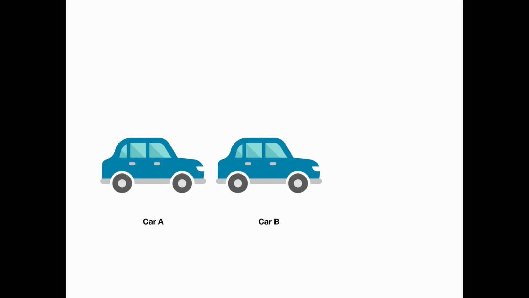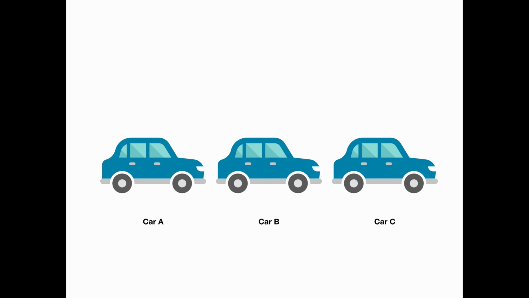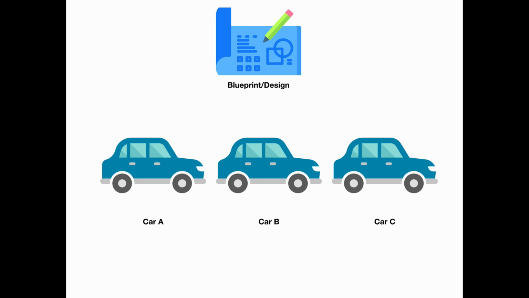Now, you have different cars. You can have a car A. You can have another car B. Another car C. All these are objects, but all of them have the same design. They all use the same blueprint design to construct the objects.